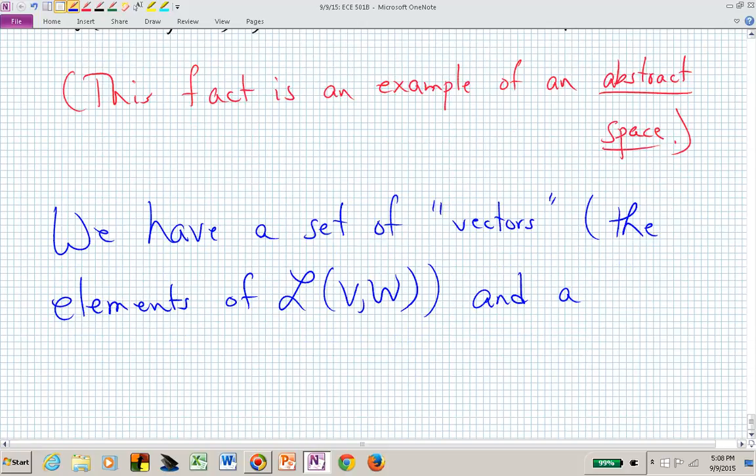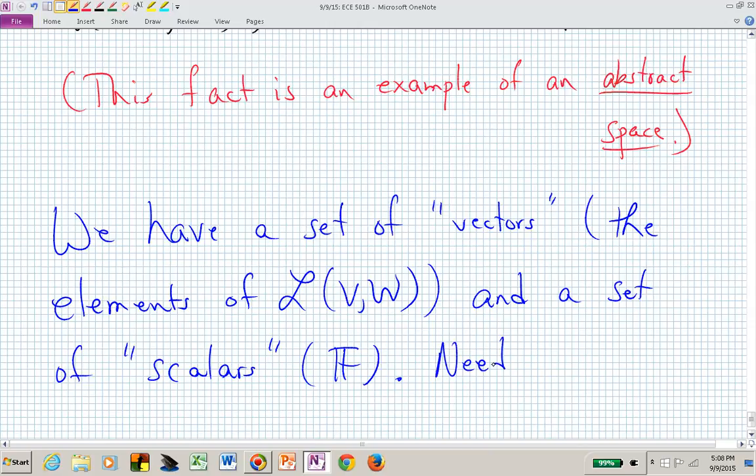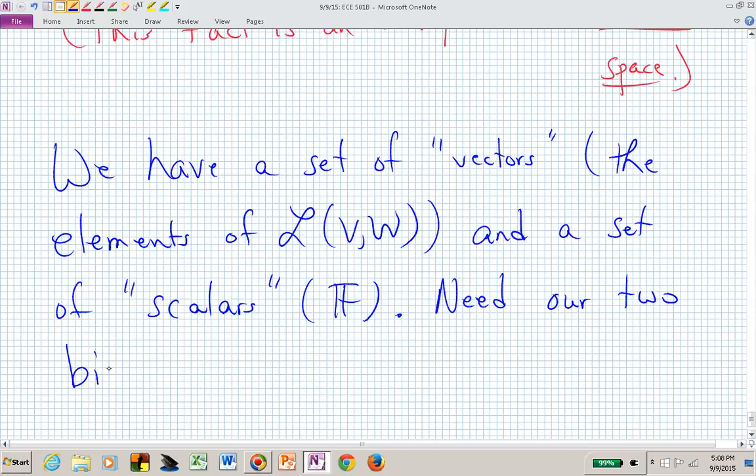We also need a set of scalars, and those are going to be from either R or C, let's say just F. And now we need our two binary functions.